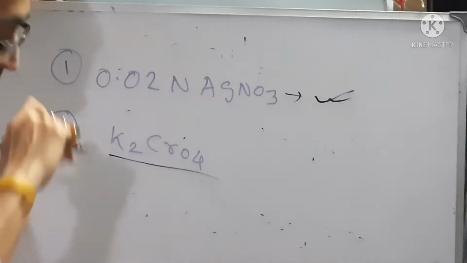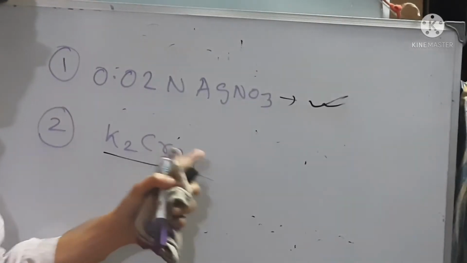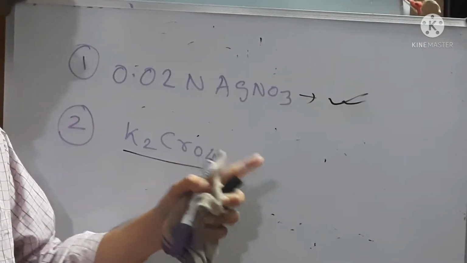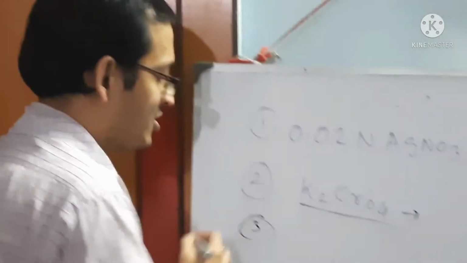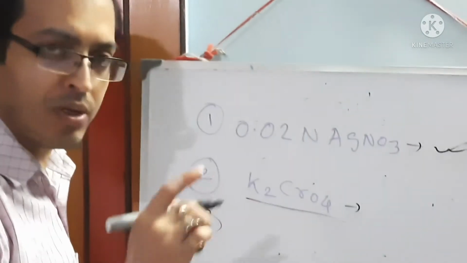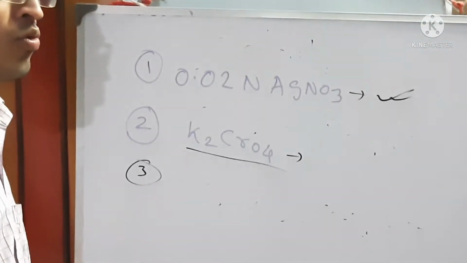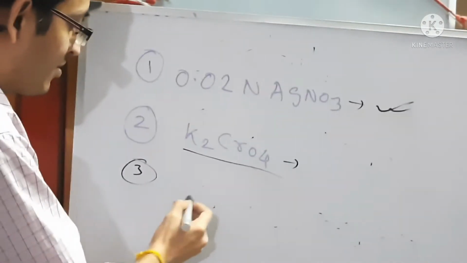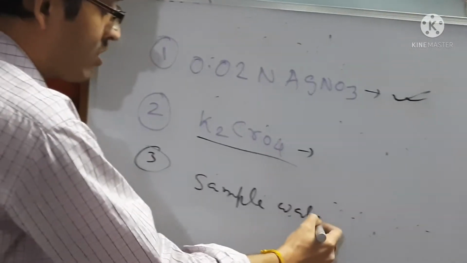And 4% potassium chromate we will take as an indicator for this titration, right? Next, sample water, from which we are going to estimate the salinity. So number 3 is our sample water.